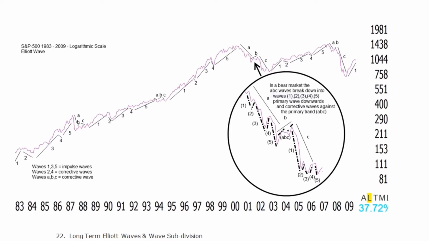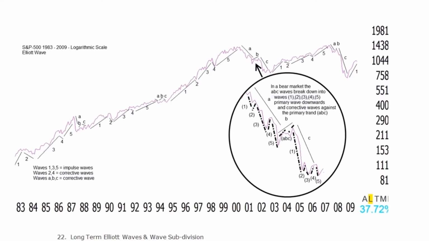So here we can see from 1983, we begin with the first impulse wave. So we have first impulse wave 1, and then we have 2, 3, a small pullback here, 4, correction, and then 5 to finally complete the first part of the wave.